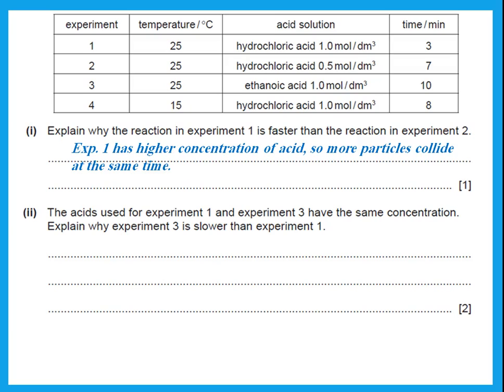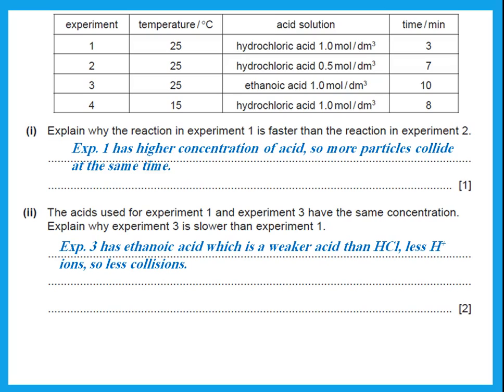Okay, the other question says the acids used for experiment 1 and 3 have the same concentration. So in experiment 1 I use hydrochloric acid 1 mole per decimeter cubed, but in experiment 3 I use ethanoic acid. They are both the same concentration, but why is experiment 3 slower? What is the difference between hydrochloric acid and ethanoic acid?